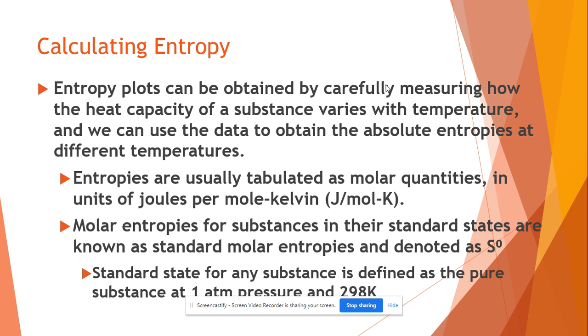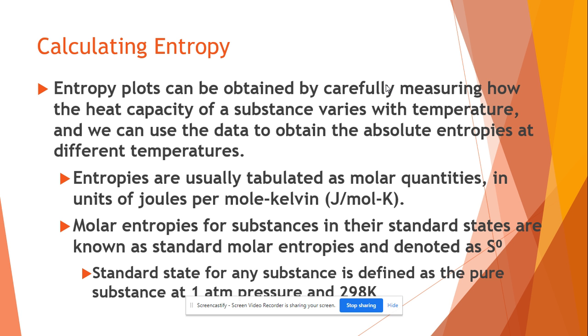So calculating entropy. What we just saw two slides ago, with the chart with melting and vaporization, those are called entropy plots, and they can be obtained by carefully measuring how the heat capacity of a substance varies with temperature. And we use that data to make a complete data sheet of absolute entropies at different temperatures.